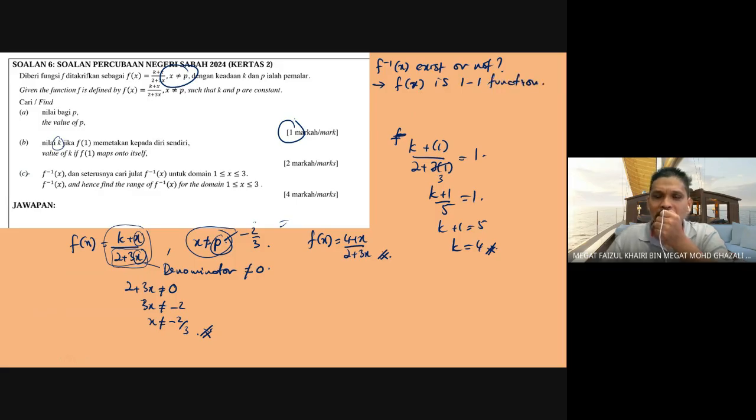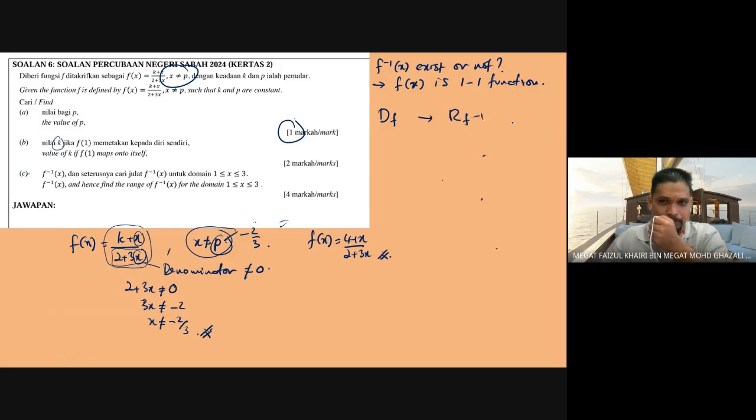Because once f(x) is a one-to-one function, then the f inverse exists. Second thing, the domain of f(x) is also the range of f inverse, and the range of f(x) is also the domain of f inverse.